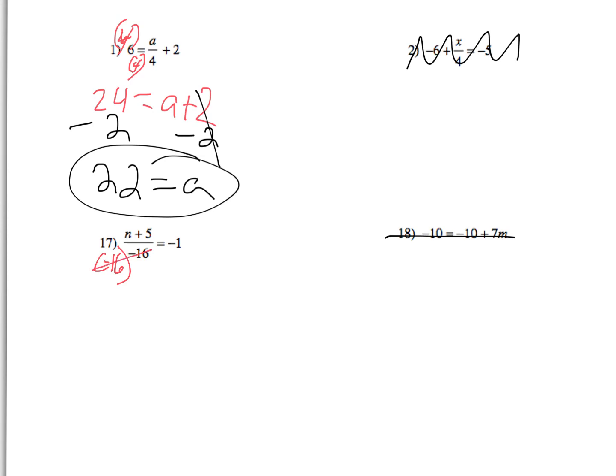Then we would do over here negative 16. So negative 1 times negative 16 equals 16. So we rewrite our equation. N plus 5 equals 16. Then we're going to minus 5. N equals 11.